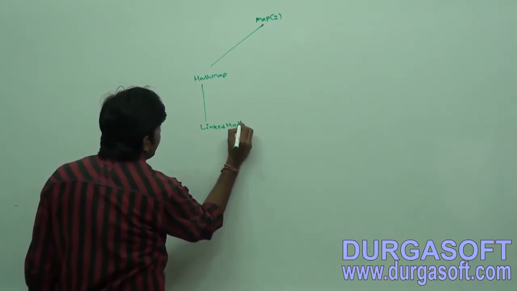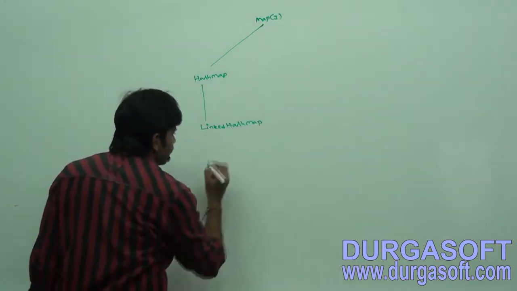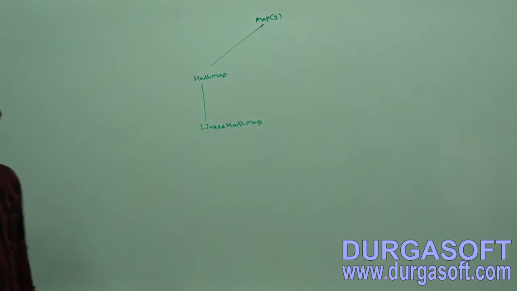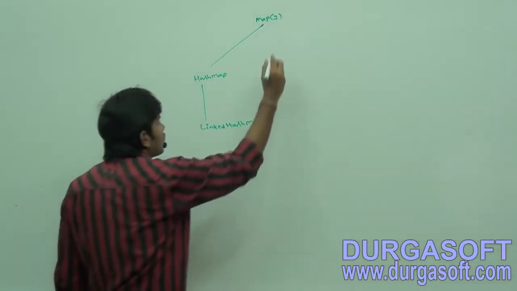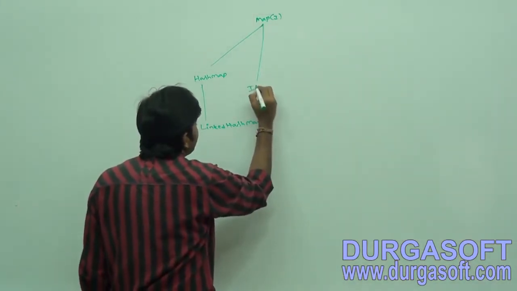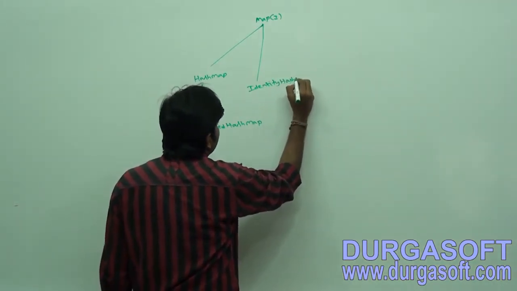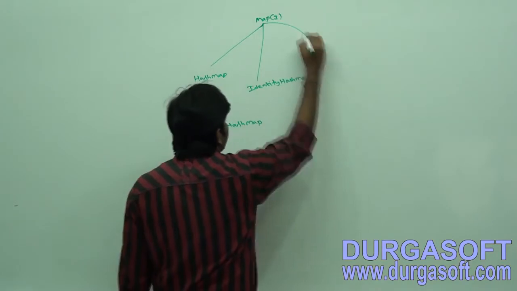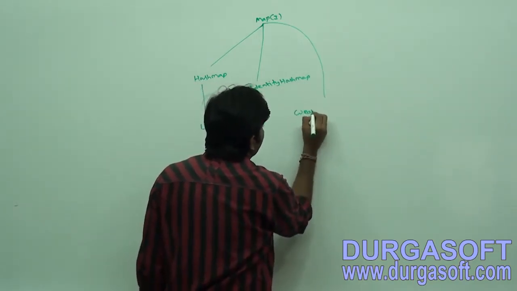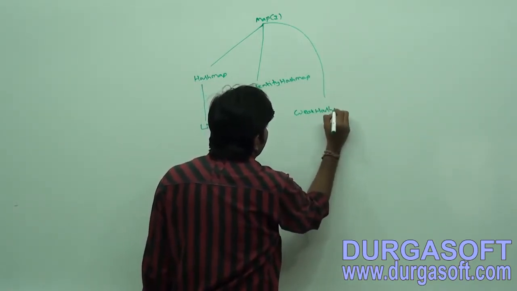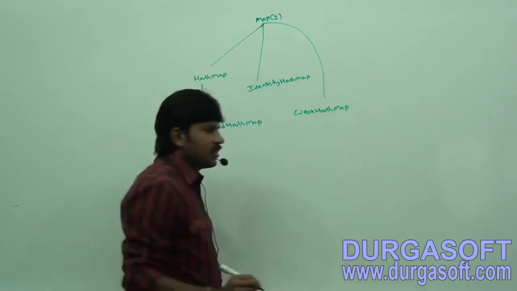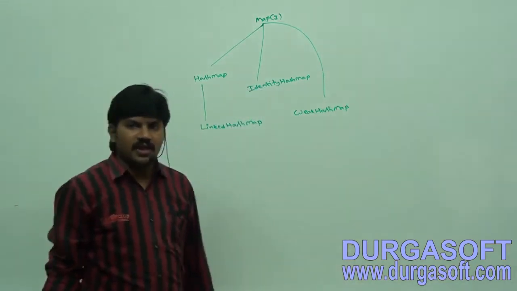So what is the agenda related to map? In today's morning session, we are going to talk about HashMap, LinkedHashMap, IdentityHashMap, and WeakHashMap. The HashMap which is very weak is called WeakHashMap.